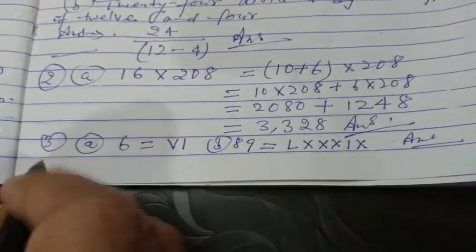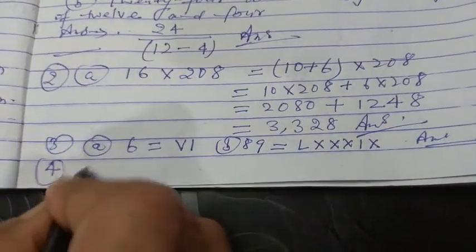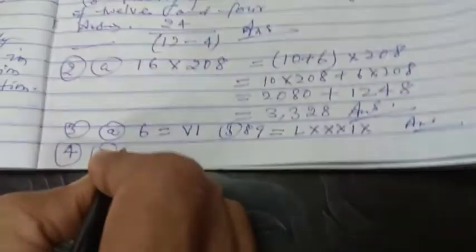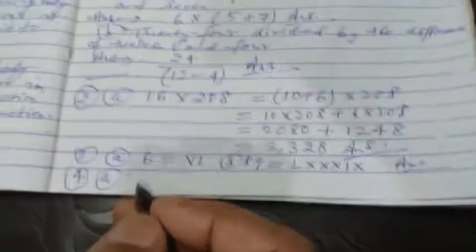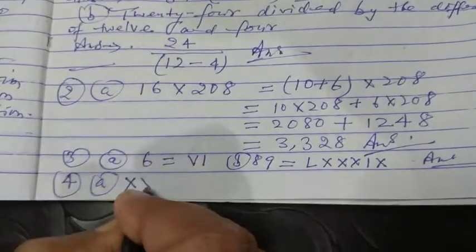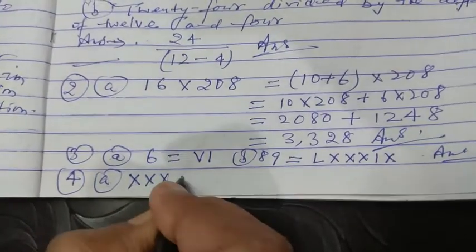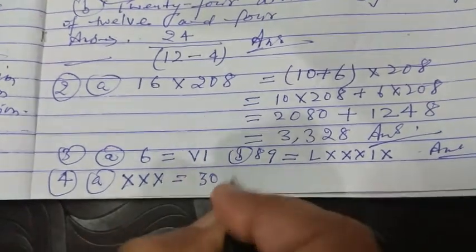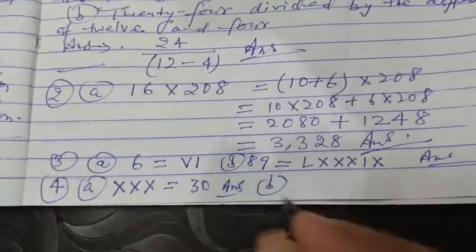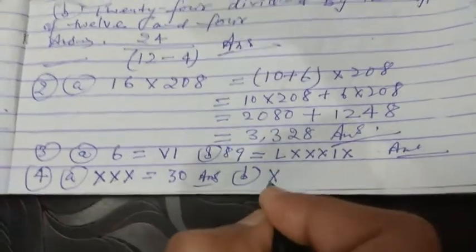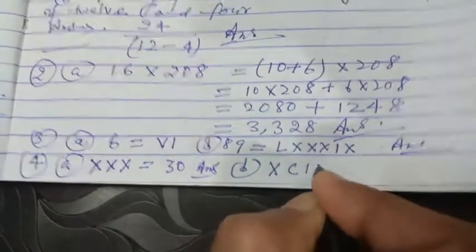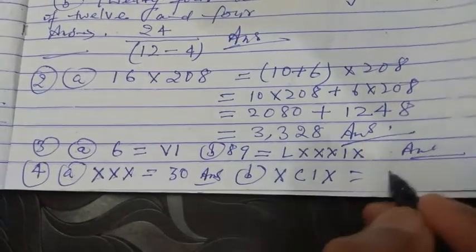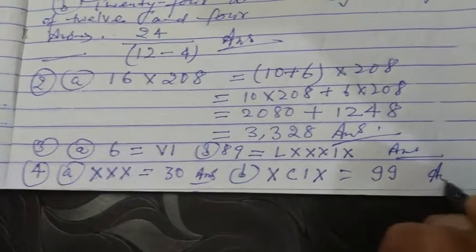Now, question number 4 of A. Write the Hindu Arabic numerals for the following Roman numerals. The question is triple X. X is equal to 10, 10, 10. That means 30. Answer. Question number B. The question is X, C, I, X. That means 110, 99. Answer is 99. This is the final answer.